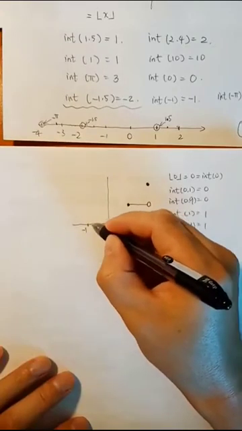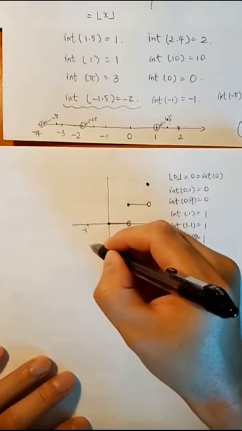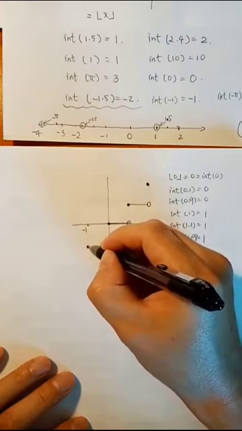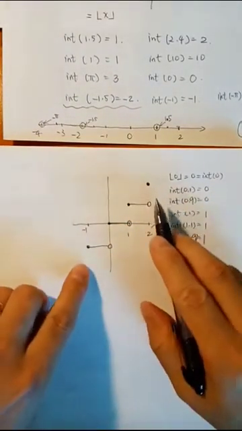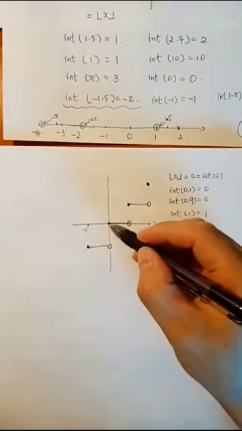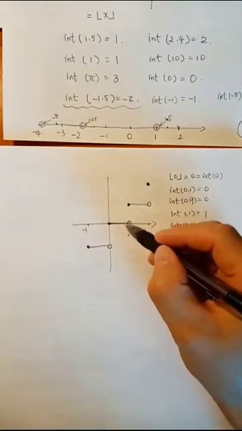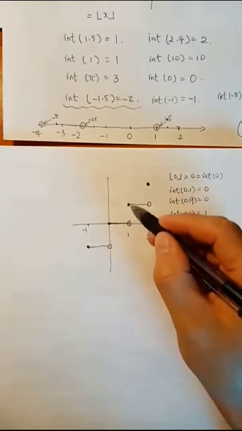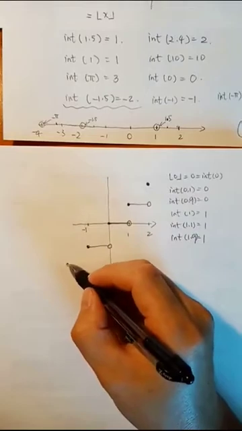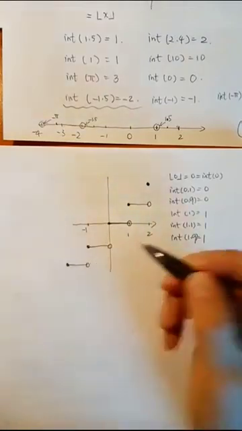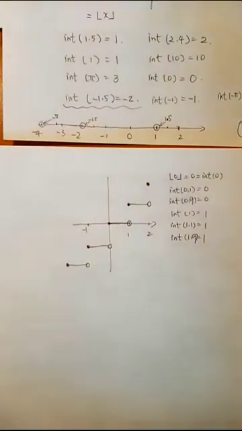For whatever point on this segment, the left integer is negative 1. But at 0, it's 0. So in this step function, the left endpoint is included in the step. The right endpoint is always on the next step. So that's the graph. It's an infinite step function. That's the greatest integer function and its graph.